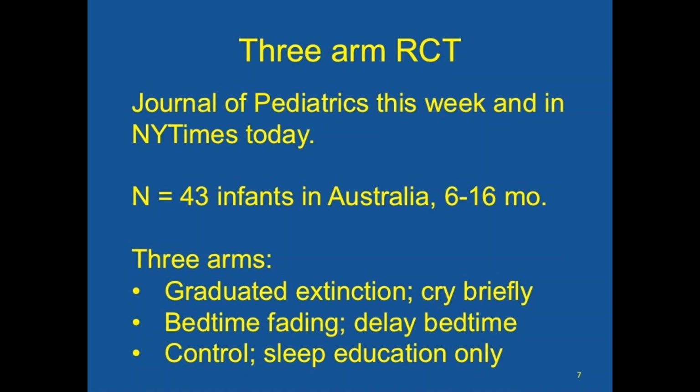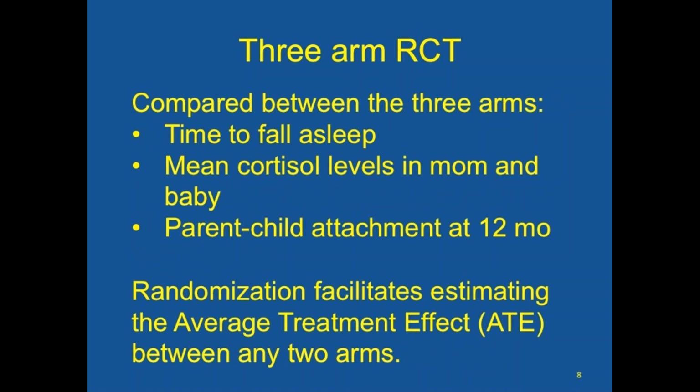And then there's the control, which was just sleep education. It compared between the 3 arms time to fall asleep, mean cortisol levels in mom and in baby, and the parent-child attachment at 12 months. They could not discover the development of any sociopaths due to sleep therapies.